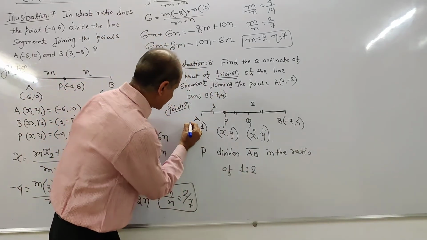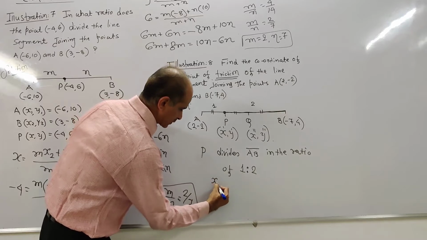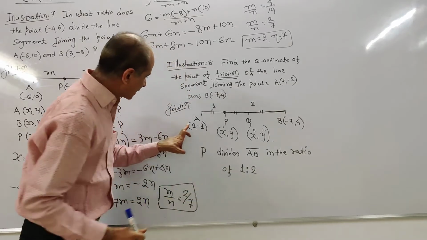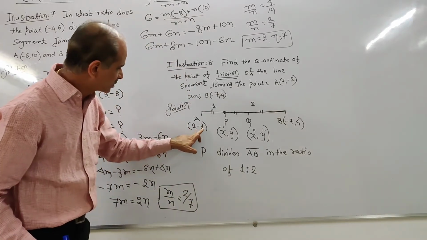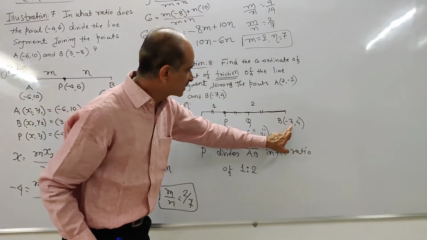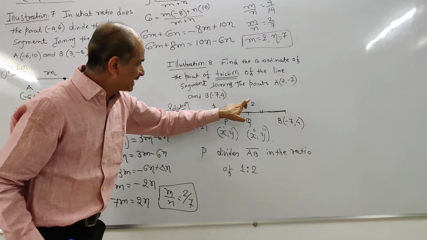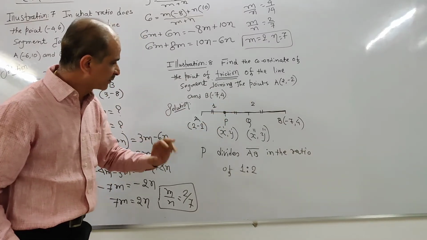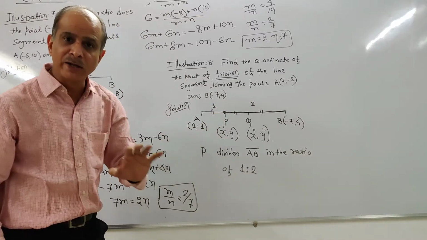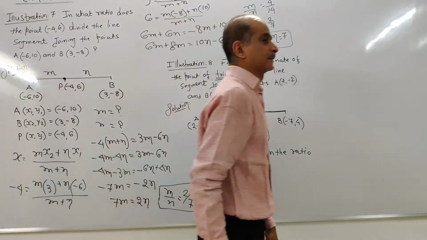So here x1, y1 means (2, -2), x2, y2 means (-7, 4), and m and n are 1 and 2. By using the section formula you can easily find the values of x' and y'.